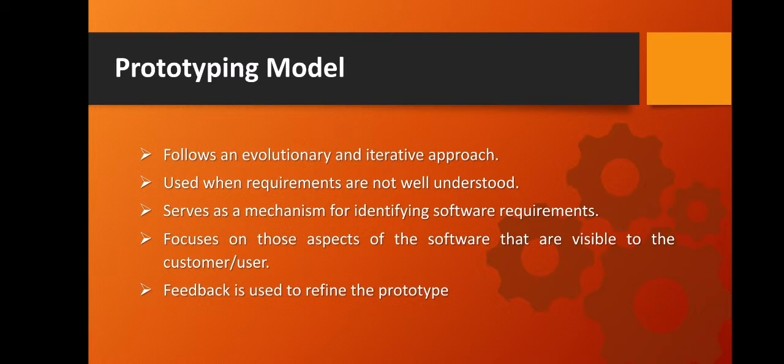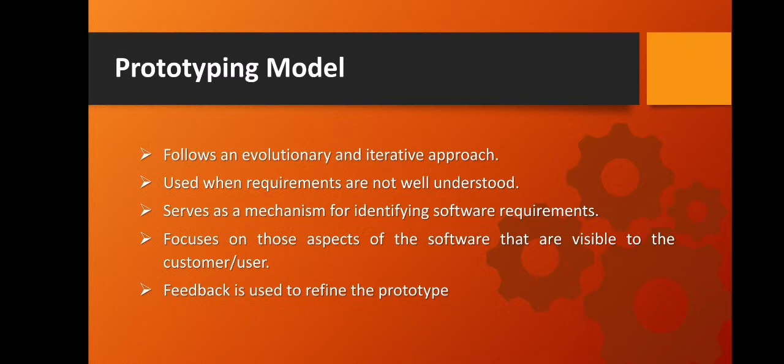It is used when requirements are not well understood. It serves as a mechanism for identifying software requirements. It focuses on those aspects of the software that are visible to the customer. Feedback is also used in the prototyping model to refine the prototype.